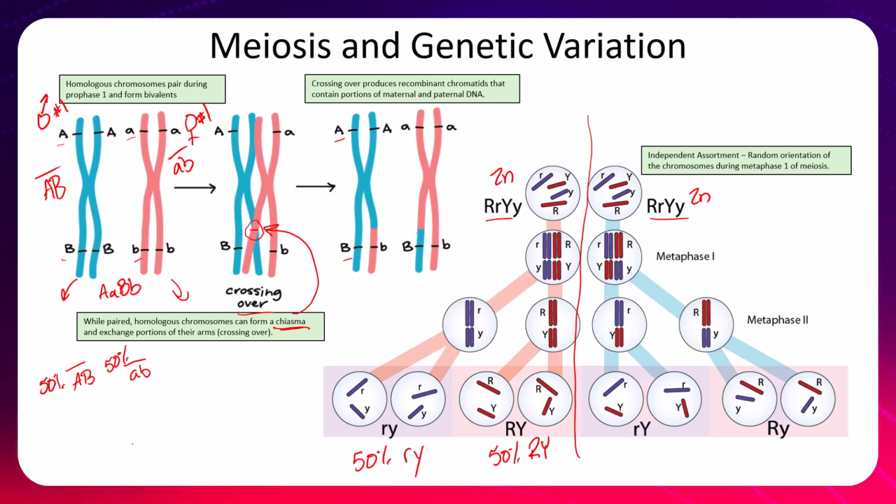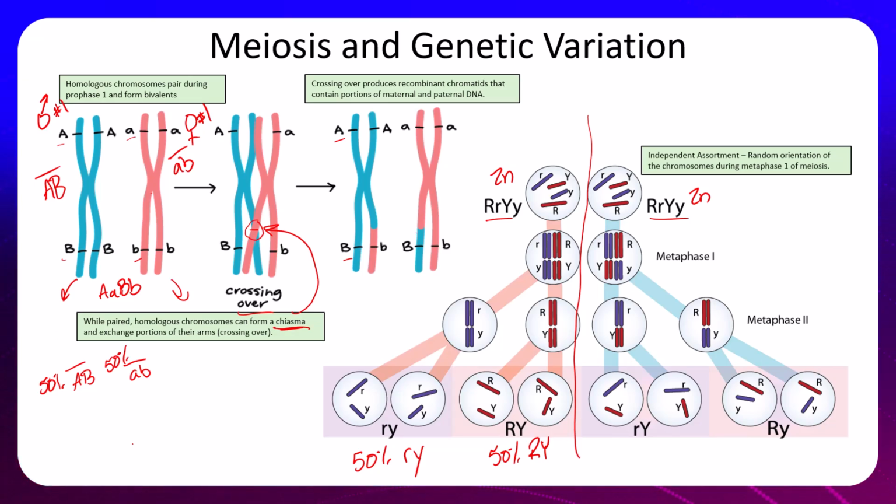But if you take the same genotype, the same starting diploid cell, and you simply line up the chromosomes differently, you get an entirely different outcome. So here we have the big R, or the red, on the right with chromosome pair number 1, and you have the red one now on the left with chromosome pair number 2. Notice that we just swapped the orientation of the second pair.